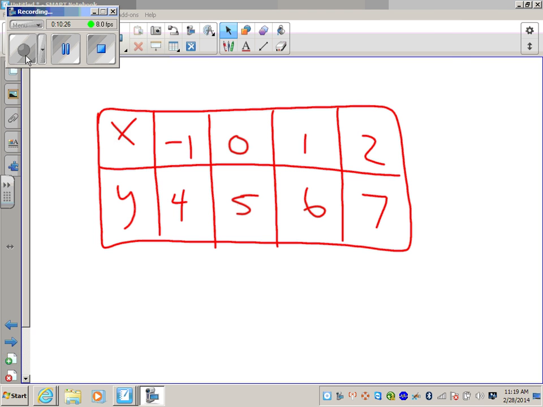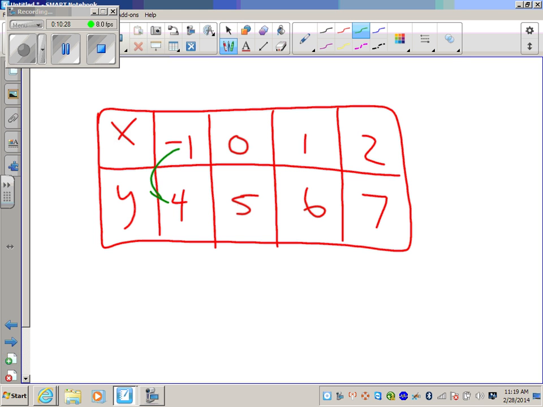As I go from X to Y, what's happening to the overall value, Zay? We're getting bigger, larger, right? So as I look at going from negative 1 to 4, I'm either multiplying by -4, or I'm adding how many?